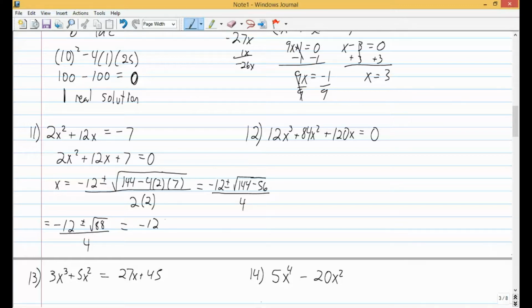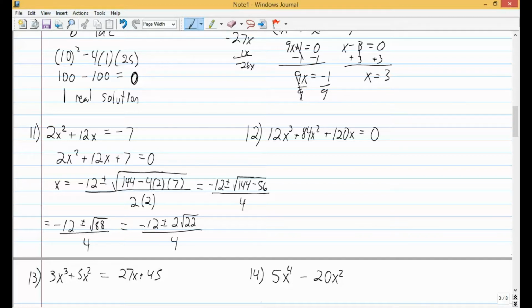So that's negative 12 plus or minus the square root of 4 times the square root of 22 would be the square root of 88. And the square root of 4 is 2. So that's 2 square roots of 22. Right, 4 times 22 is 88. So that's how that breaks down.